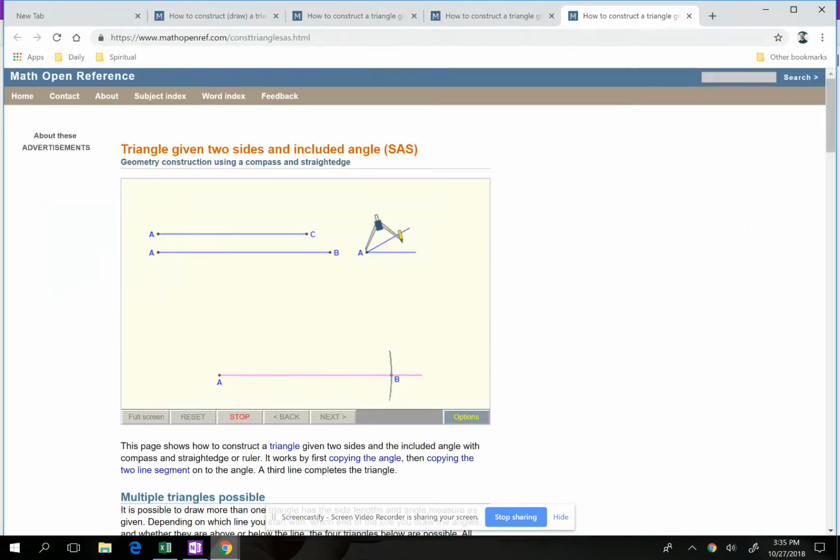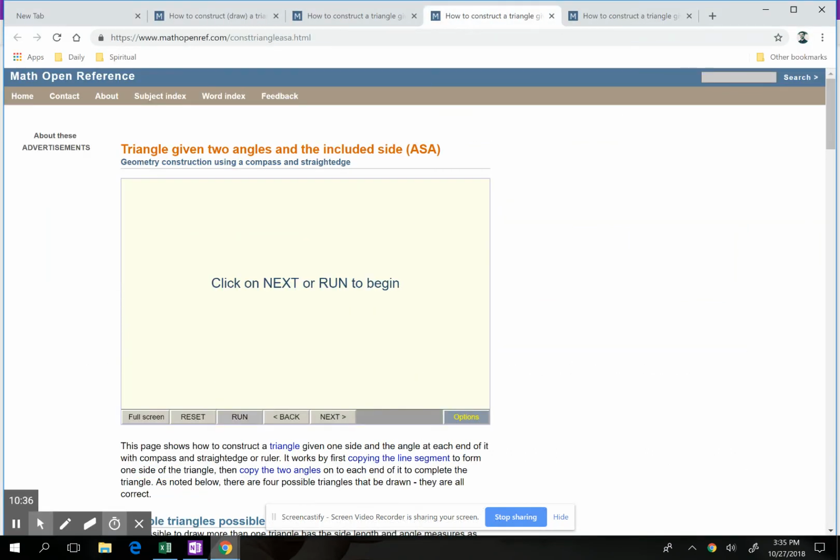So let's go back here. Here's ASA. It's going to run you through if you have two angles and an included side, how do you do that? We're going to swing an arc from A to B, label point B, and draw that.